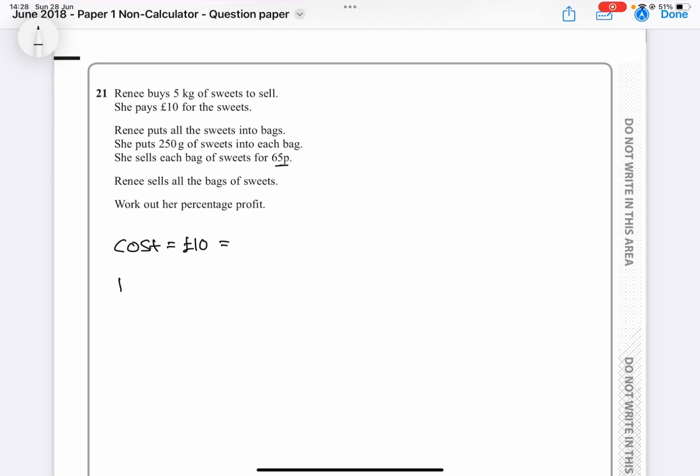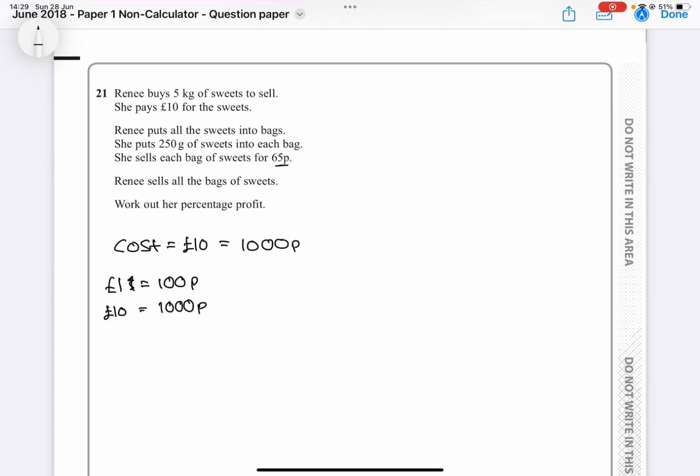Now remember, £1 is equal to 100 pence. So £10 is 1,000 pence. Remember, in the exam, you cannot just do it in your head. Just write it down like this. It will help you a lot. So 1,000 pence. I'm just going to write that here.